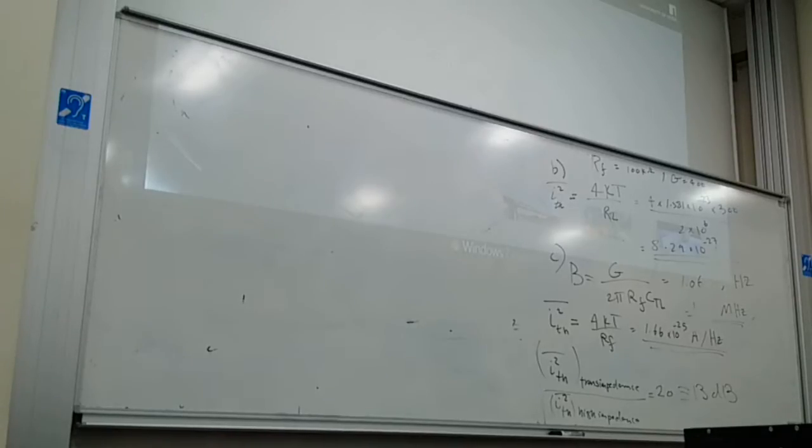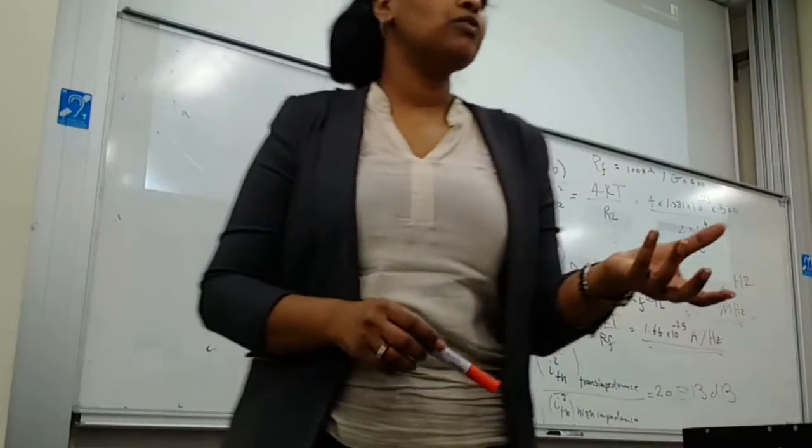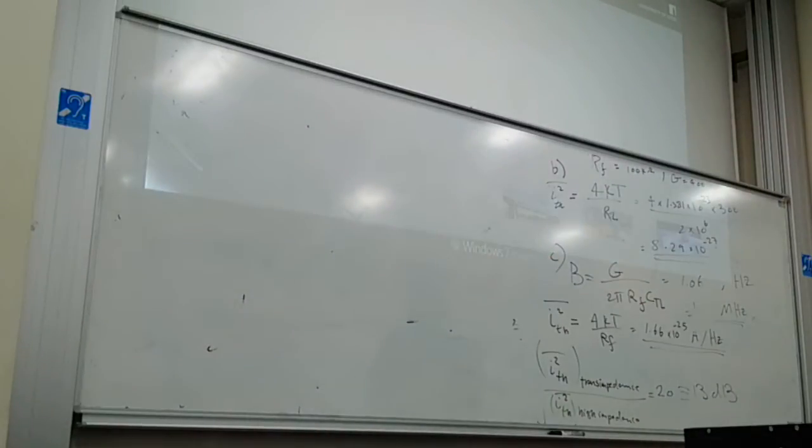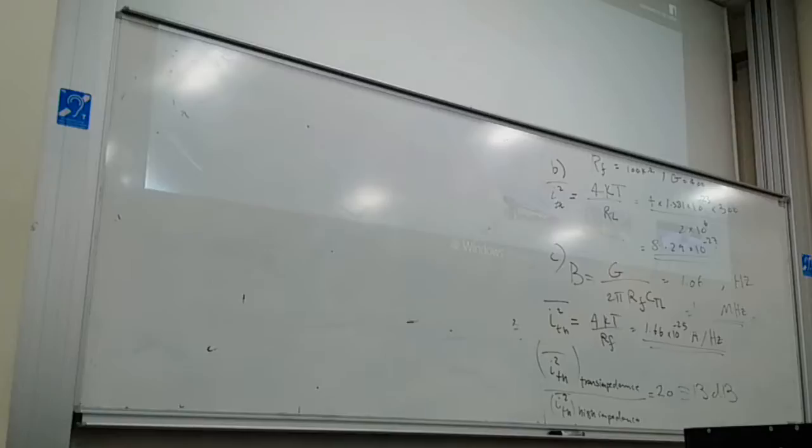And what was the sigma? It's the variance of the Gaussian distribution. And here the variance for us is what?